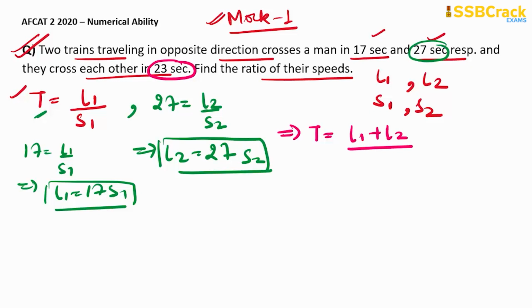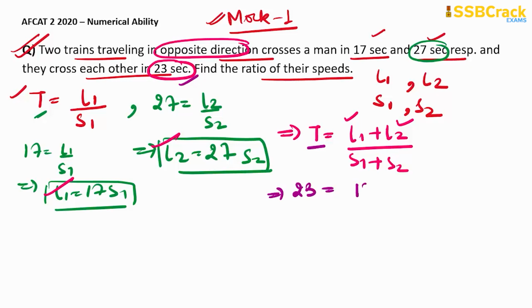When they are traveling in opposite directions, the relative speed will be S1 plus S2. Now you can directly put the values of L1 and L2 from these two equations. The time period is also given as 23, so 23 is equal to 17 S1 plus 27 S2 divided by S1 plus S2.